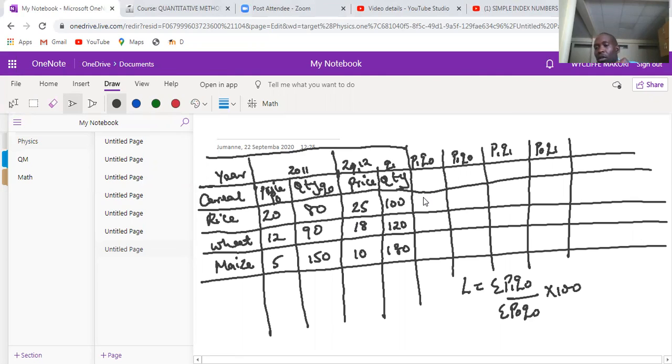Let us actually multiply P1 times Q0, which is 25 times 80, which gives you 2000.